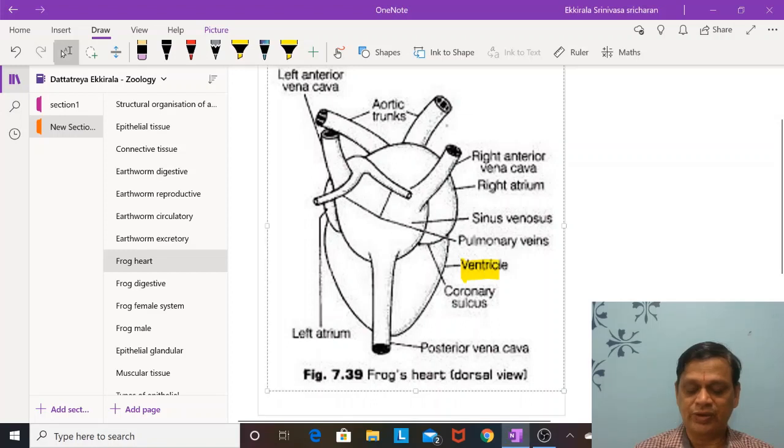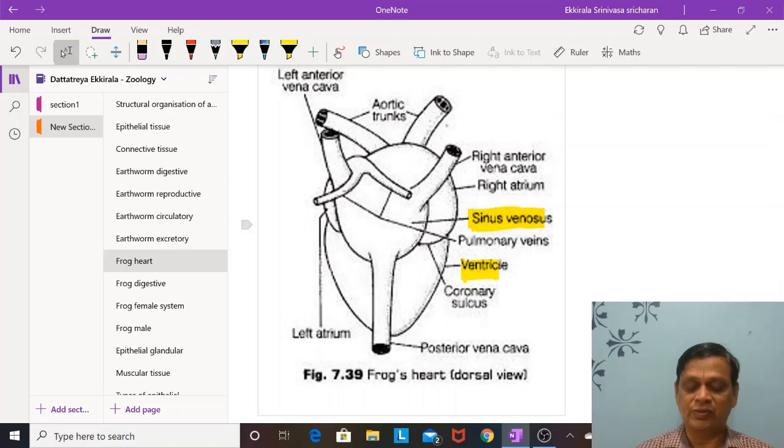Now, this is the ventricle and this is the sinus venosus, and the sinus venosus is formed by two precavals and one postcaval. Dorsally we can see the sinus venosus. Sinus venosus will be dorsal.